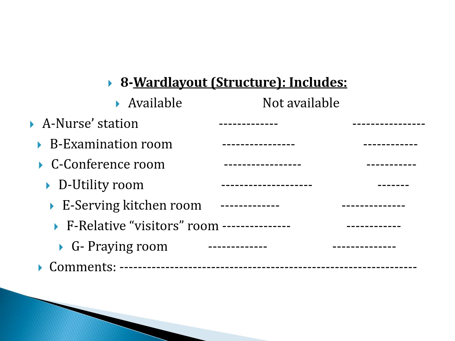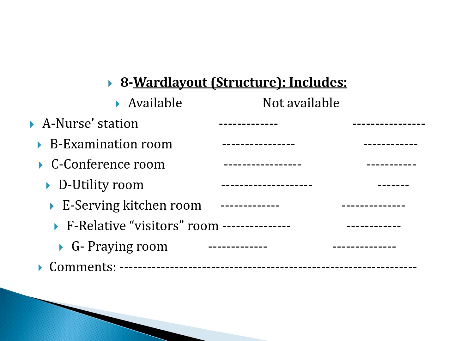Okay. Item A, nurse station. Nurse station for nursing, available or not available. Examination room for examining the patient, available or not. Conference room, available or not available in this unit. Utility room, meaning a store for supplies or equipment, present or not present in the unit.